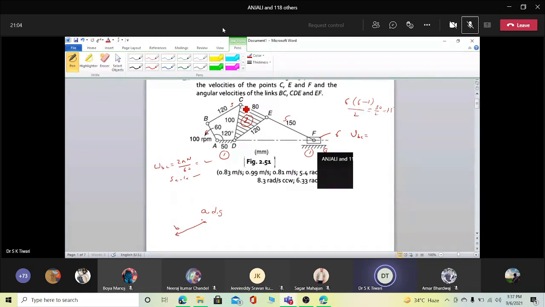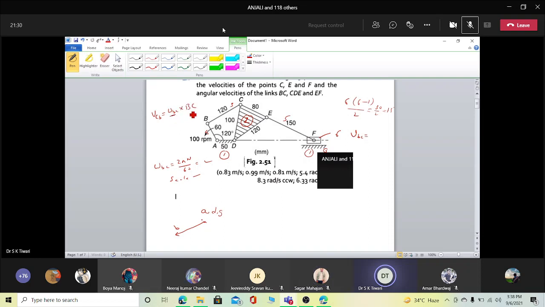Now consider C. C is on CD, C is on BC. In the first go, I will consider C on CB. When I consider C on CB, it means C is rotating with B as the center of rotation. To find the velocity of C with respect to B, I need omega of BC into BC.